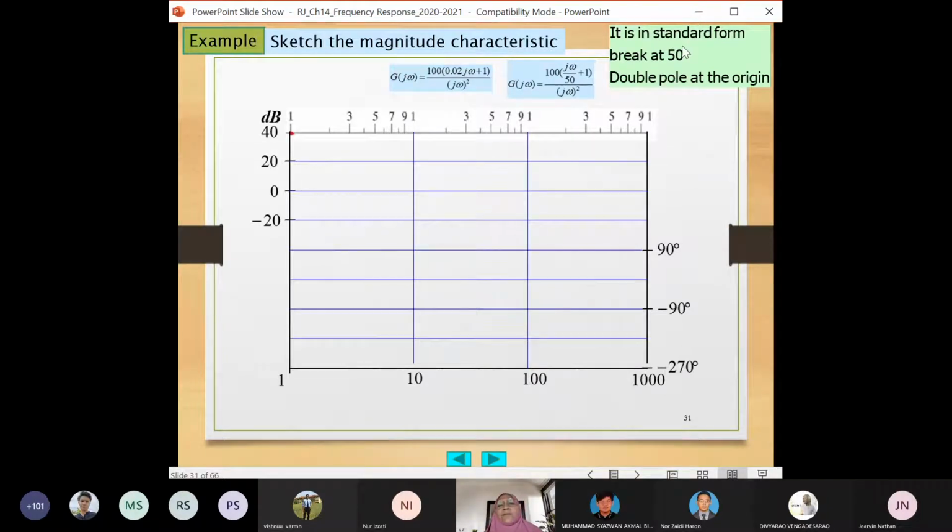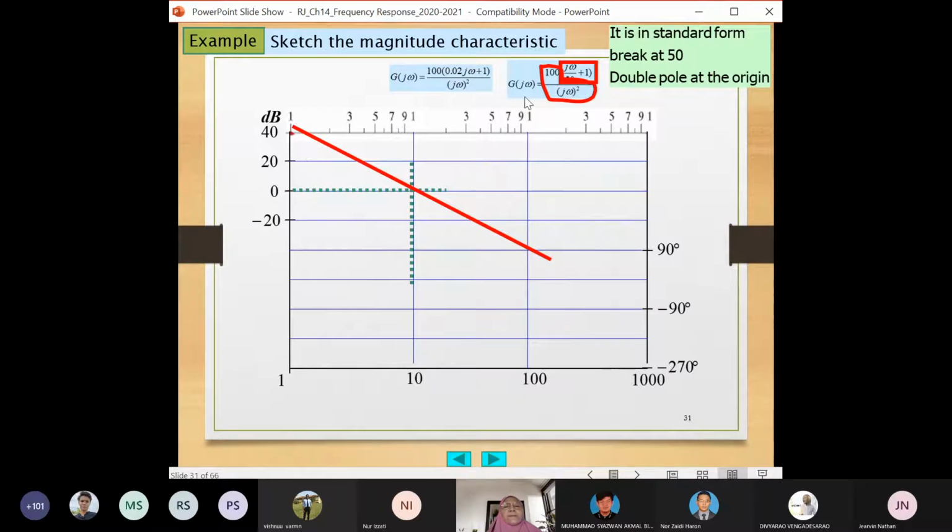So now you know 50 is the break point or the turning point for the slope of the line of the transfer function. And you identify here 100 and this j omega. You also identify j omega over 50 plus 1. Then you identify at 10 here. Okay.